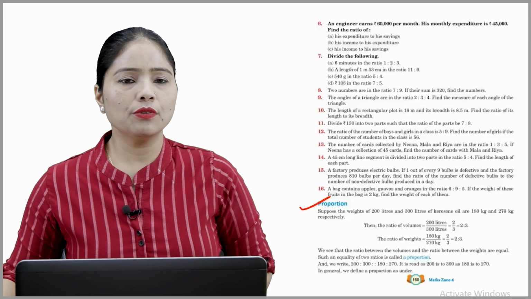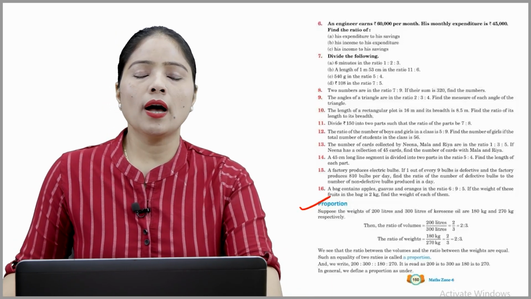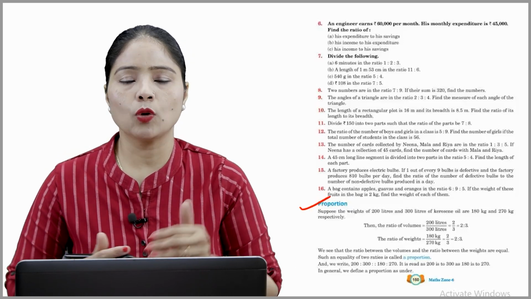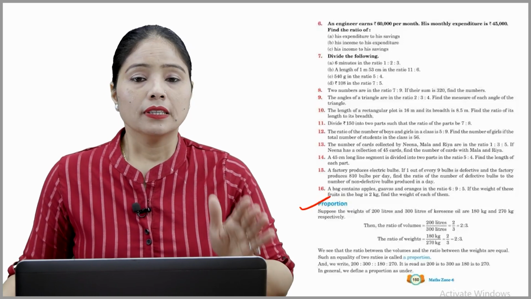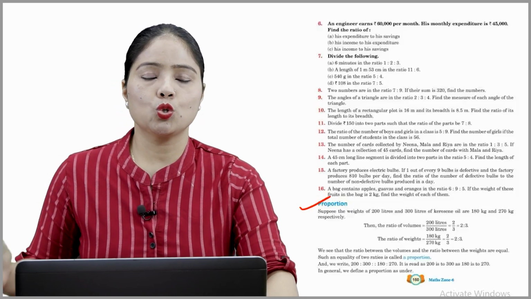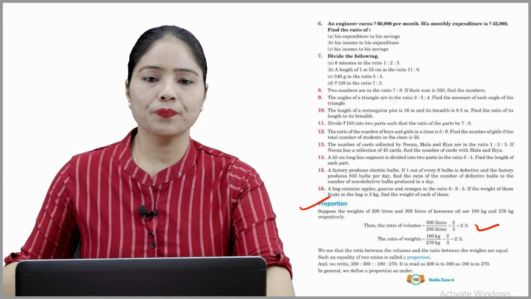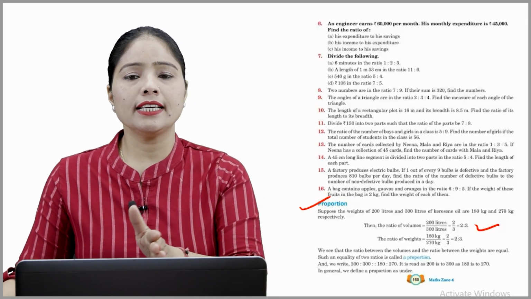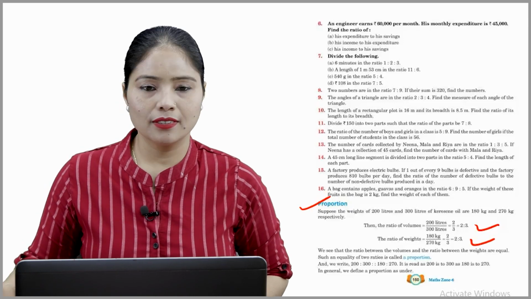Okay, so now proportion. Suppose the weights of 200 liters and 300 liters of kerosene oil are 180 kg and 270 kg respectively. Then the ratio of volumes, 200 divided by 300, is 2:3. The ratio of weights, 180 kg and 270 kg, is 2:3. Okay.